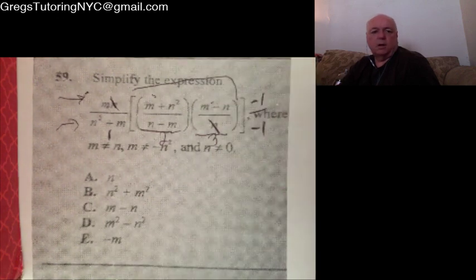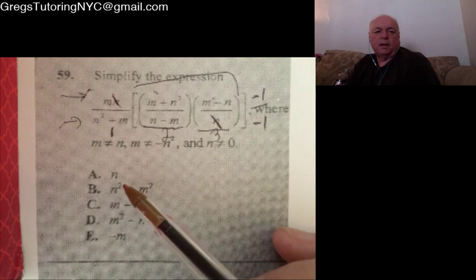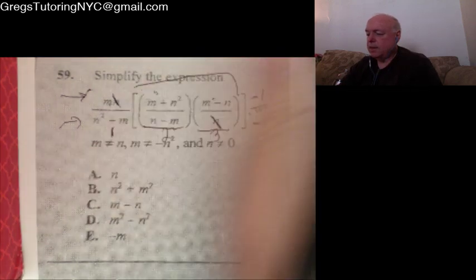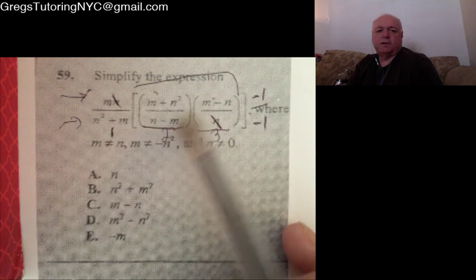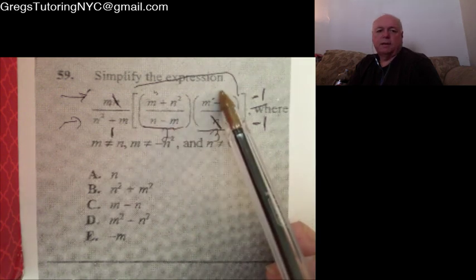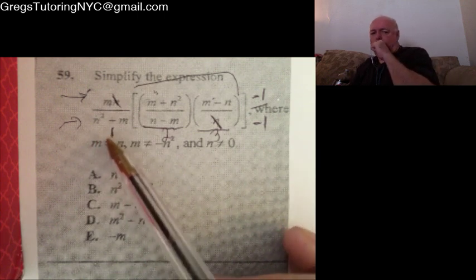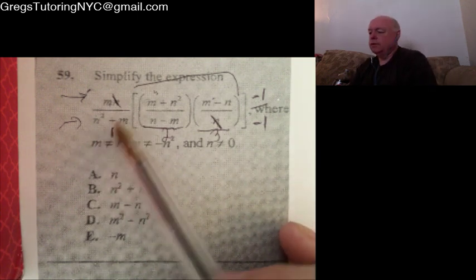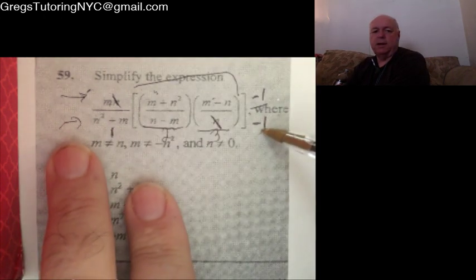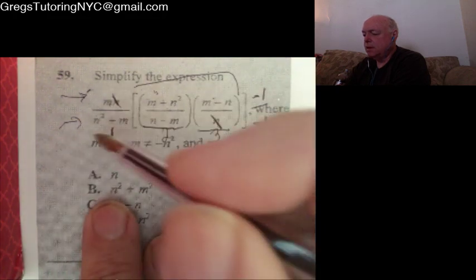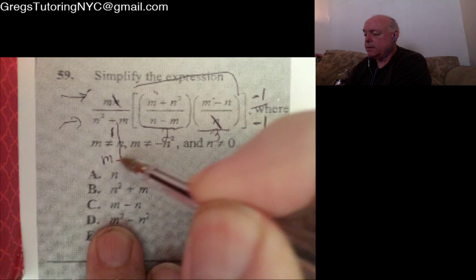So the goal is to get these flipped. The n minus m versus the m minus n, and the n squared minus m versus the one here. If we multiply the -1 here times this, we're going to get m minus n squared.